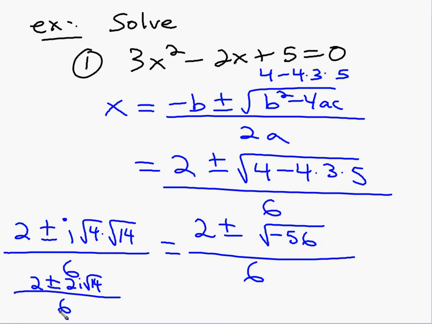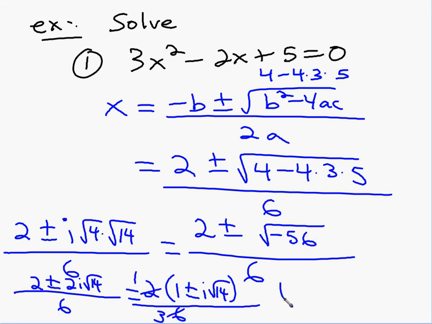Like I told you, they won't leave the answer that way. They'll take a 2 out of the top. So it'll be 2 times 1 plus or minus i radical 14, all over 6. Do my factoring. Finally, this problem is done. 1 plus or minus i radical 14 all over 3. Okay.